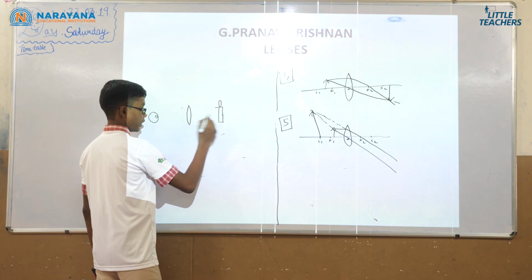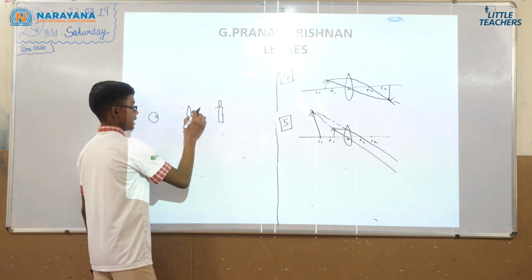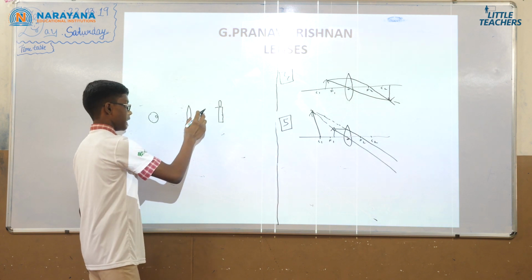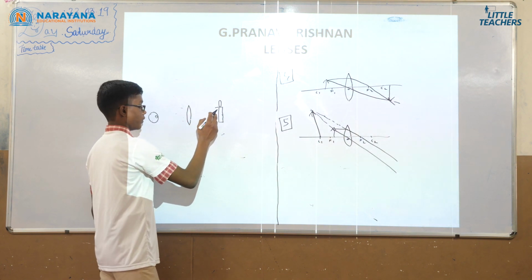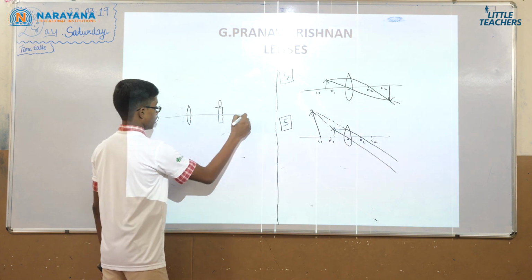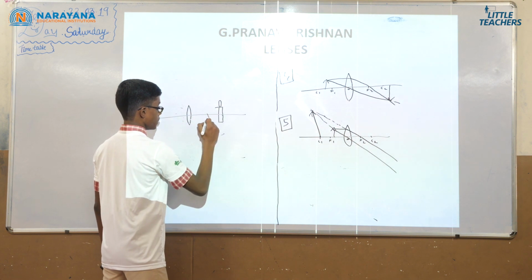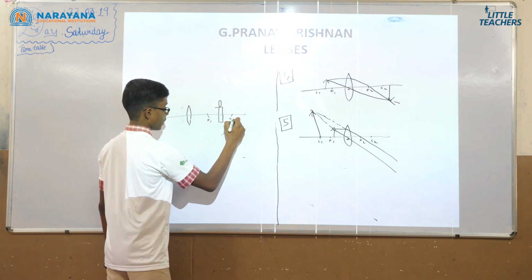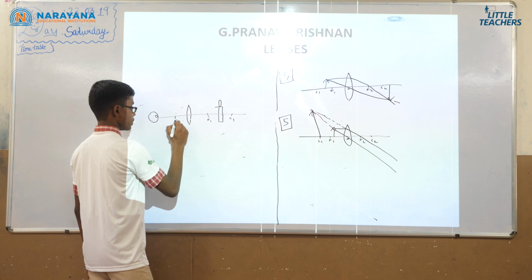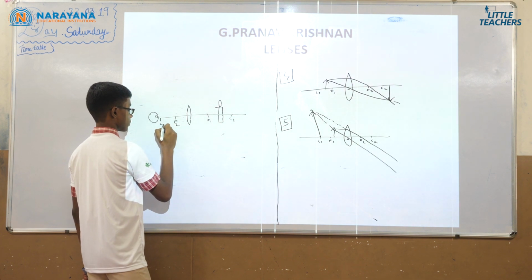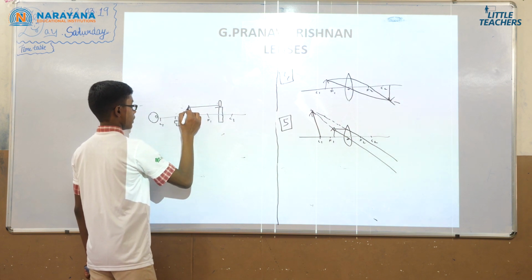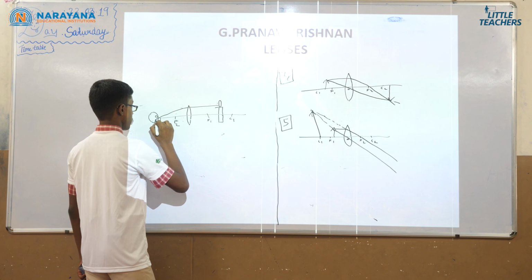Since this candle is near the lens, let's consider it is between the center of curvature and the focus. So focus 1 and center of curvature 1. Now we have focus 2 and center of curvature 2. Consider a parallel ray refracting and converging at a point.